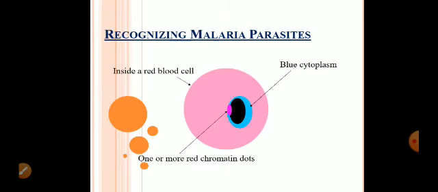Coming to morphological feature recognition of malarial parasites. This is a pictorial representation, and the red color represents the RBCs, the blue is the cytoplasm, and here is the chromatin dot of the malarial pigment.